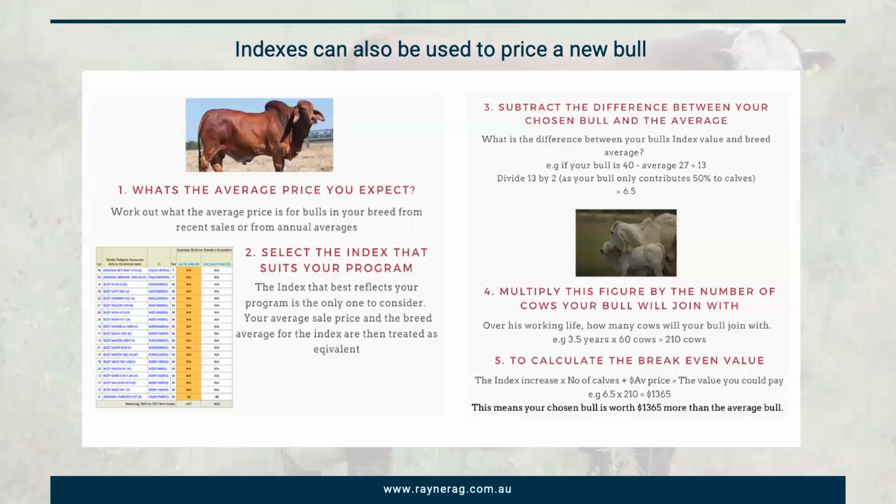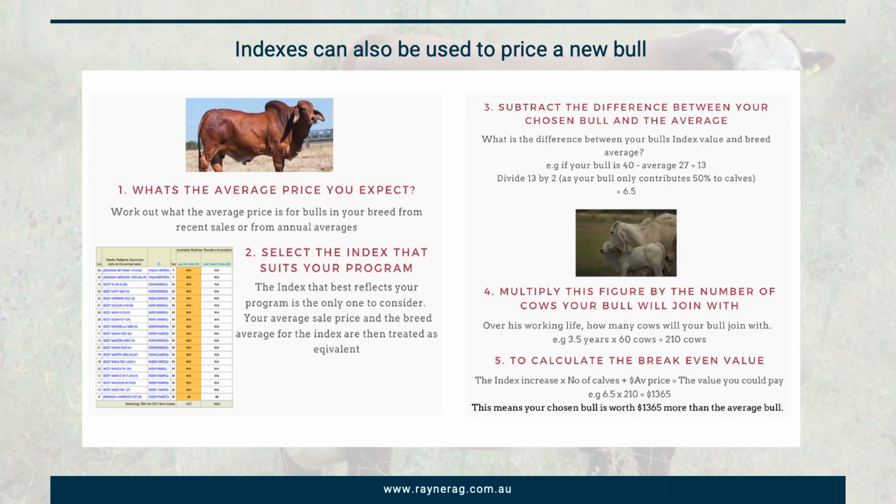The other neat trick that I like to use is to use indexes to start to price new bulls. So everyone's asking me how much bulls are going to cost this year. Always a little bit of a tricky question, but you can use an index to start to generate, I guess, a price value or a break-even value of what that extra genetic improvement is likely to be worth to you over and above what the average would be for the sale or for the breed.